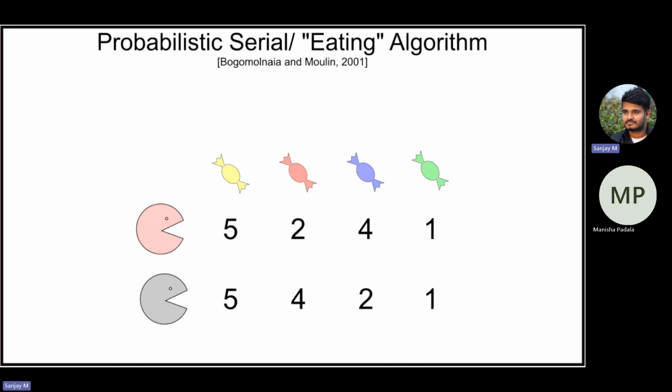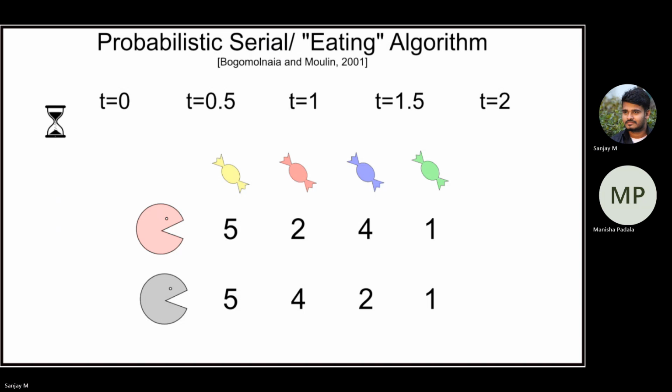So suppose you have two agents, and I've purposely drawn them as Pac-Man because they're going to eat stuff. Let's say you have these resources, the candies of different colors, and these numbers denote the values that these agents have for these resources. So this is a usual valuation matrix.